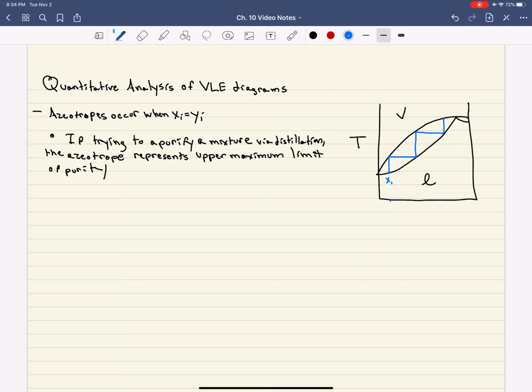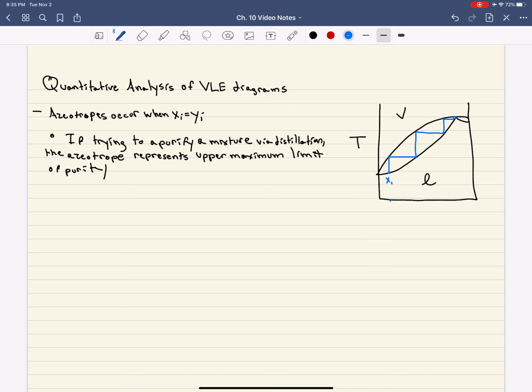along the phase diagram. But if you have an azeotrope in your mixture, if you keep trying to go in these steps, when x is equal to y, there's going to be no more possibility to improve or change the mole fraction of your species. Okay?